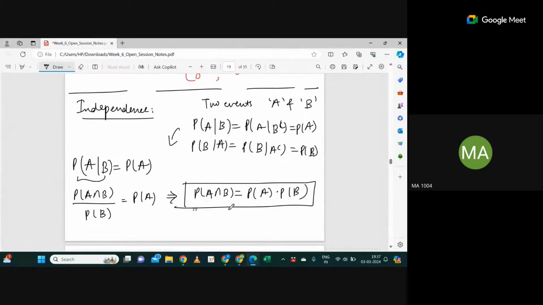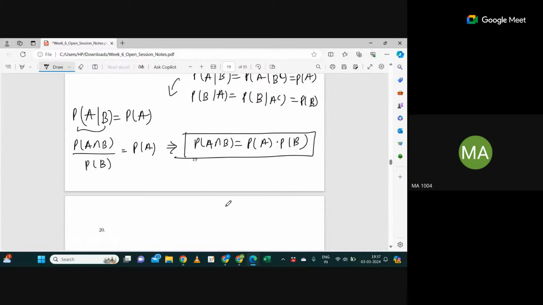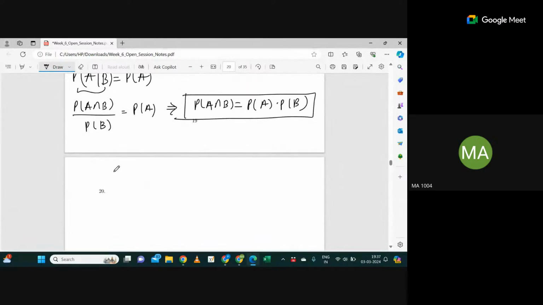The same concept will apply here. If we have two random variables, how will we check the independence?